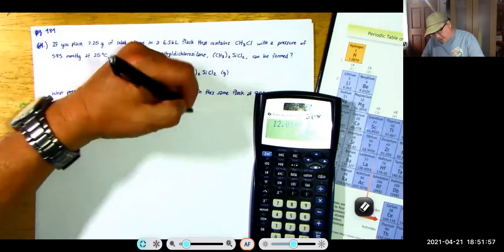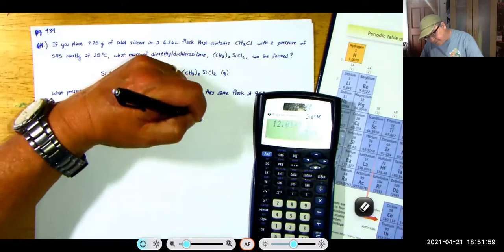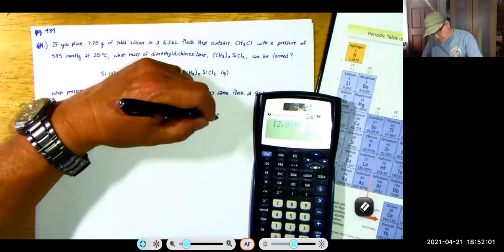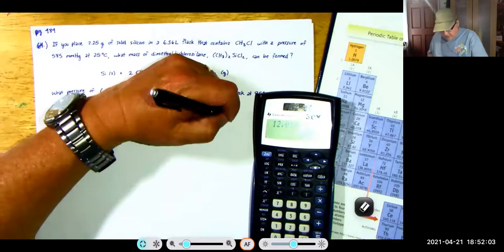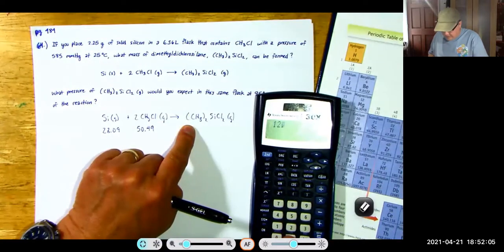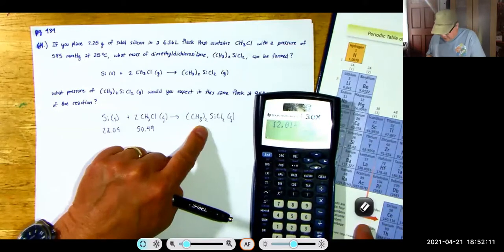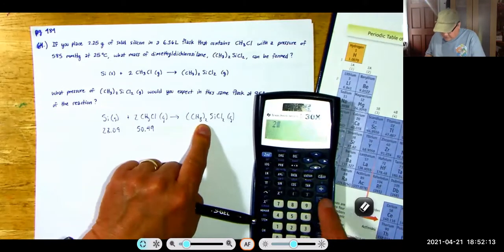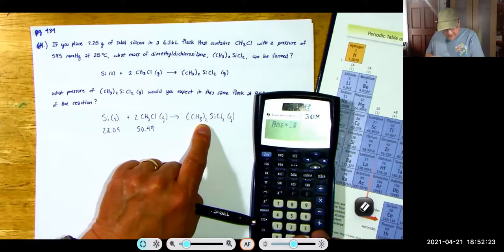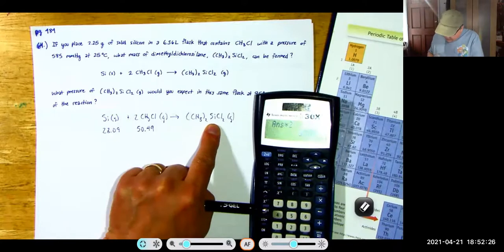Now, what is the molar mass of silane? Well, a carbon is 12.01, 3 hydrogens is 3.03, and then since we have 2 of those, I'm going to multiply by 2. Then I'm going to add the 28.09 for the silicon.